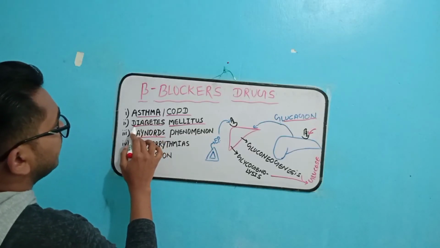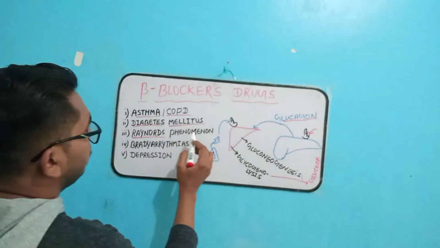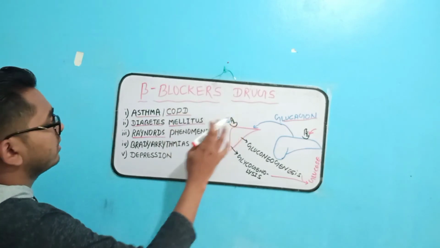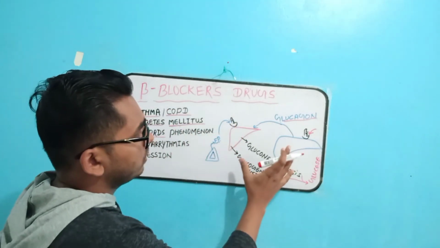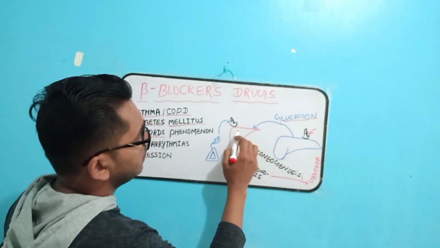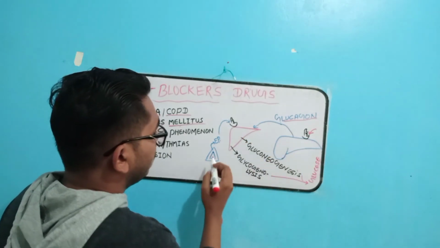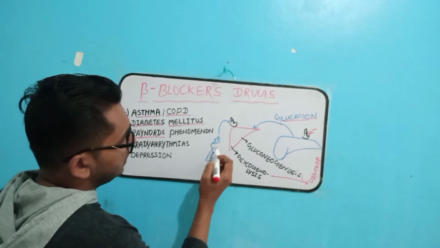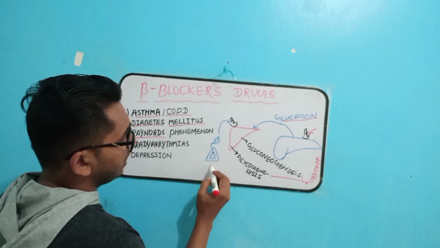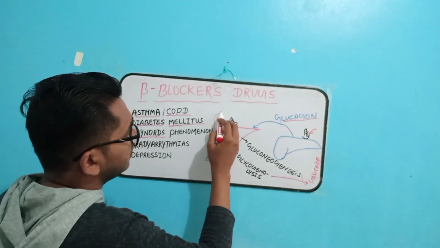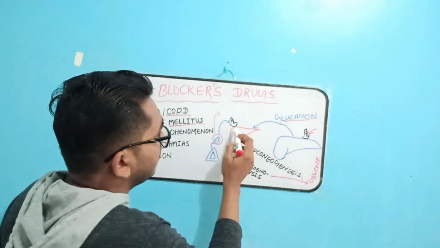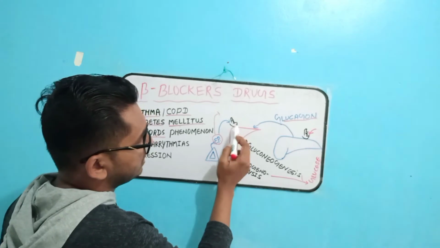Second, diabetes mellitus. Why do we have to avoid beta blocker drugs in diabetes mellitus? Before that, we first have to understand the normal physiology of the liver and the pancreas. We know that epinephrine is released from the adrenal medulla, circulates in the blood, and acts on the beta 2 receptor of the liver.